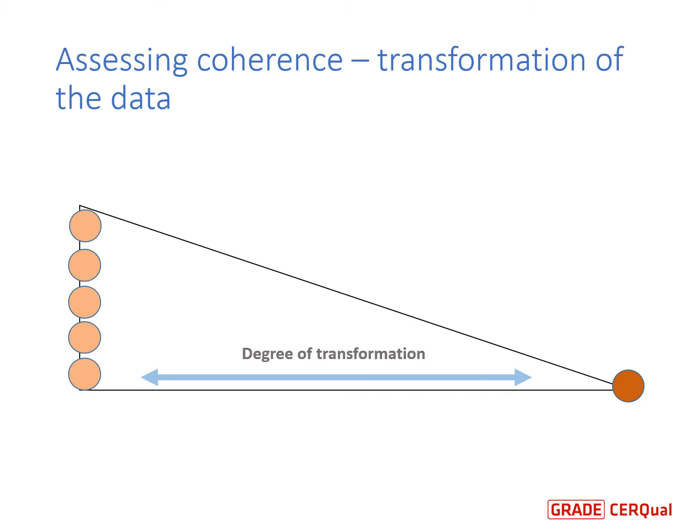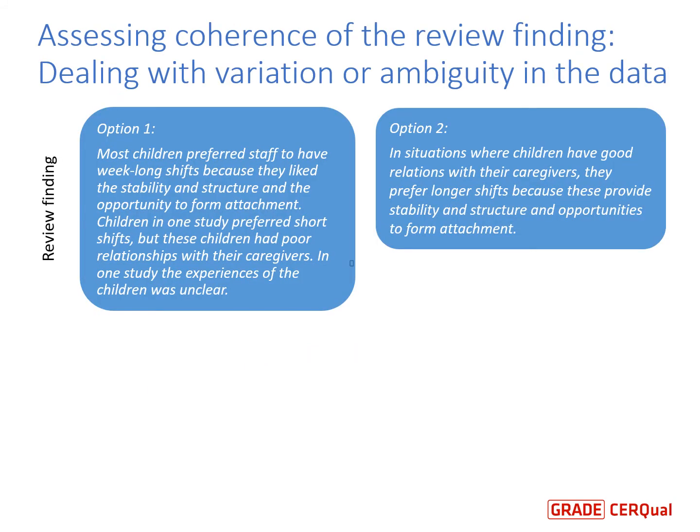So, to sum it up, for more descriptive review findings, a coherent finding would represent well the underlying patterns that appear in the data. For more interpretive or explanatory review findings, a coherent finding would provide a strong account of the patterns in the data through convincing interpretations or explanations.